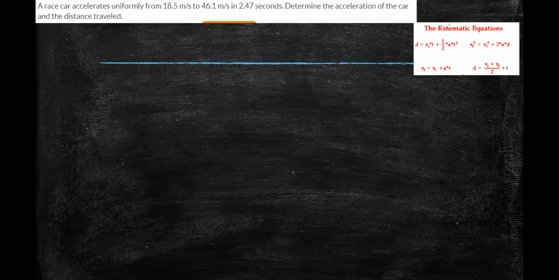Yes. Now, the car accelerates from something to something. That means this is V initial and this is V final in 2.4 seconds. So this is the time. I have V initial, V final and a time, and he asked me to find the acceleration first, then the distance that is traveled.